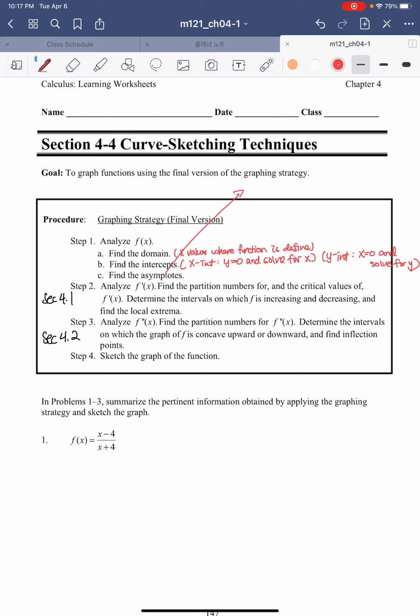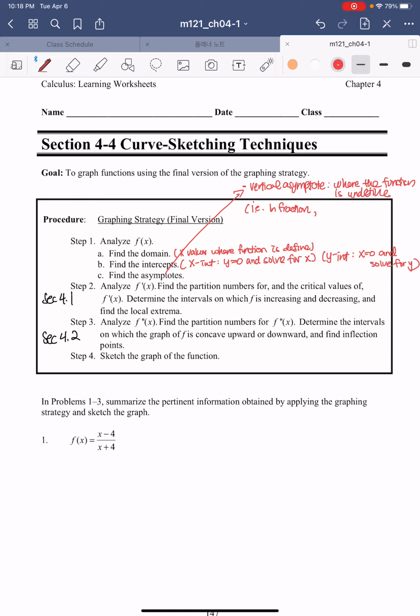To find the vertical asymptote, this is where the function is undefined, so the opposite of the domain. So in other words, in a fraction, this is where the denominator equals 0, right?